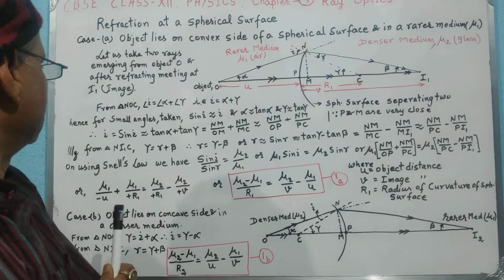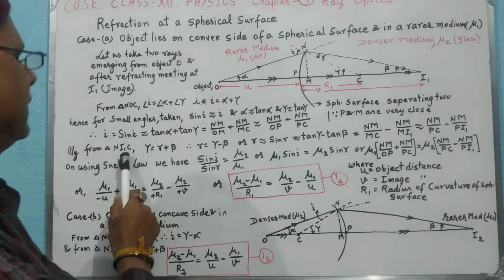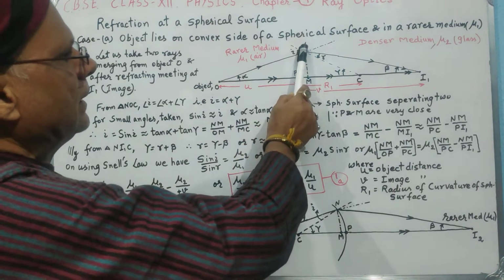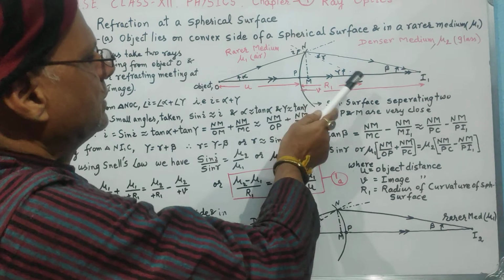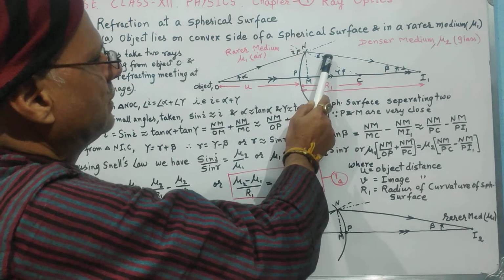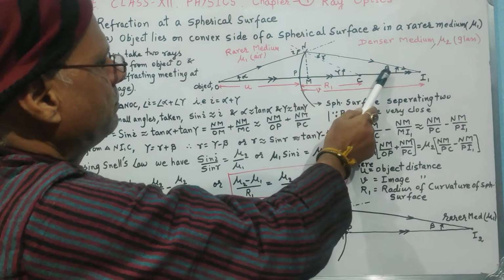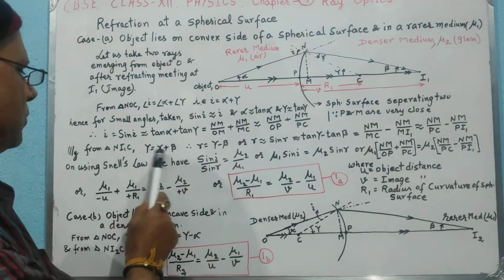And again, in the same fashion, from triangle NI1C, gamma, the exterior angle, will be the sum of interior angles r and beta. So gamma is equal to r plus beta.